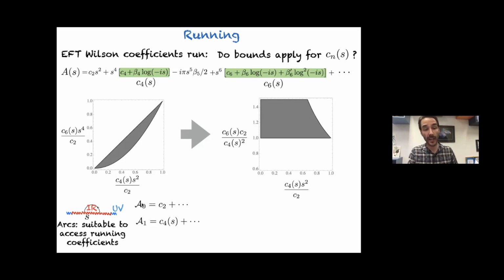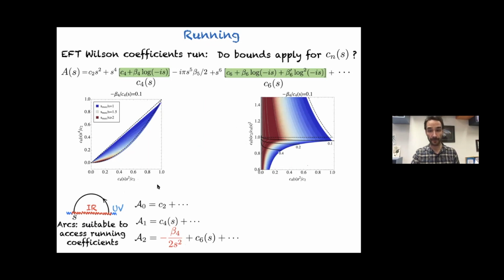It means that all the relations that involve the first 2 coefficients or the first 2 arcs will actually remain the same, but now with the running coefficient. The second arc, instead, receives a contribution, as I mentioned briefly before, which is inversely proportional to s. So this thing is very relevant in the infrared and will dominate the bounds.